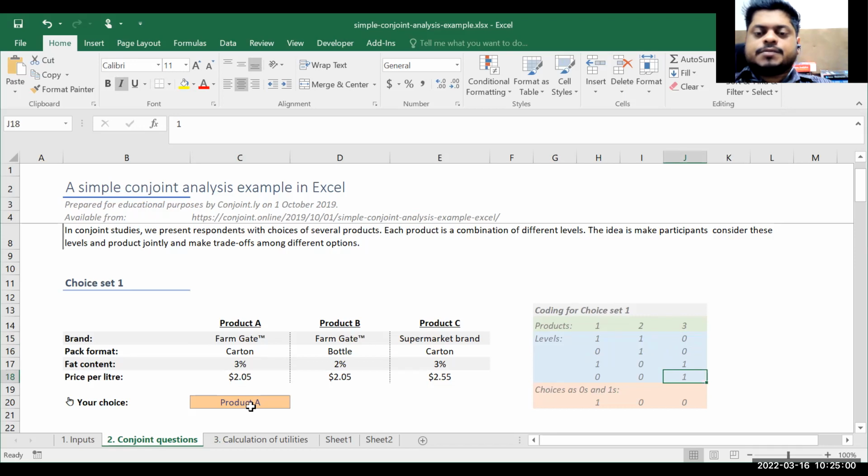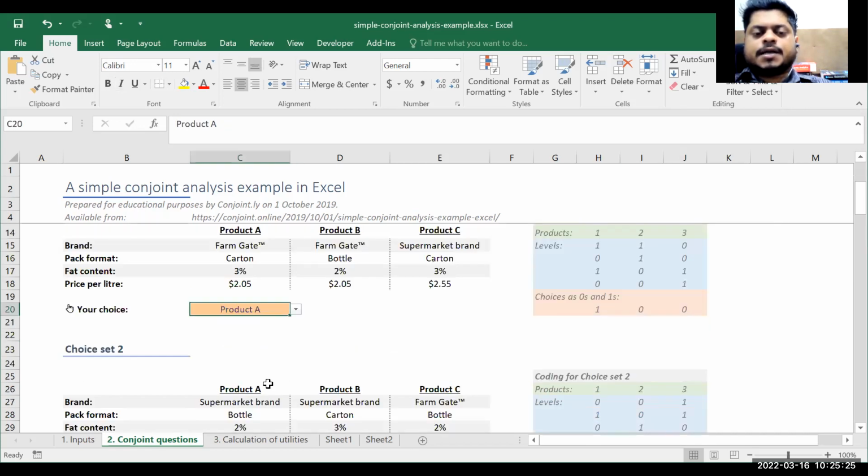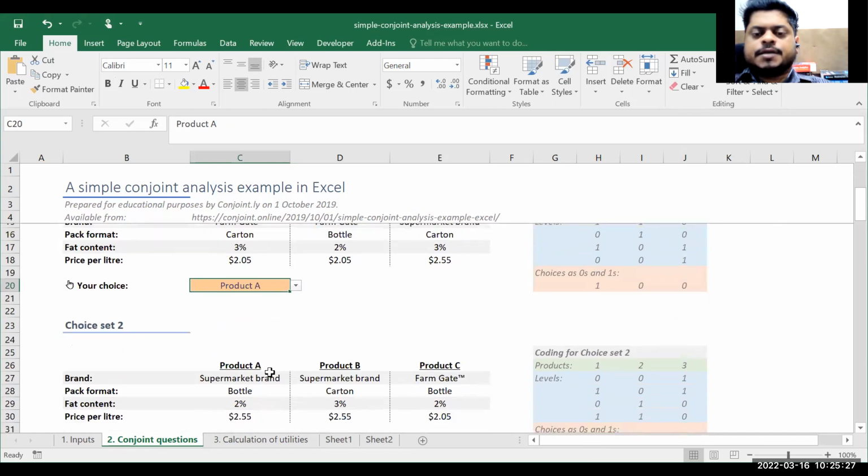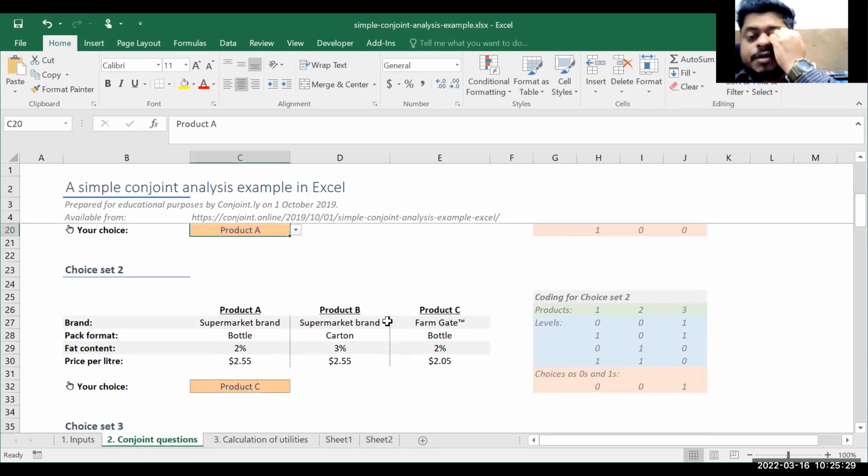So this is the coding which has happened for the different product options. When this person is choosing, I am asking that person to choose only one product. Let's say he chooses product A, so this will be 1. If he chooses a different product, you see the choice becoming 1 there. Out of these 3 products, he chose 1. Like that, I can ask different customers with different product settings.